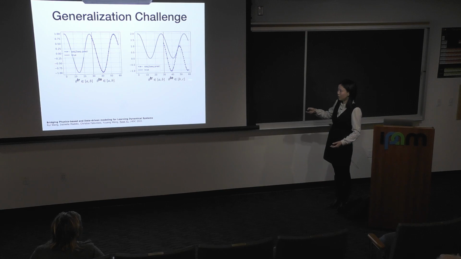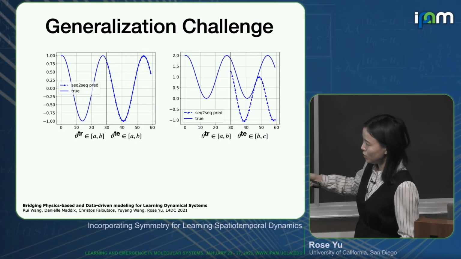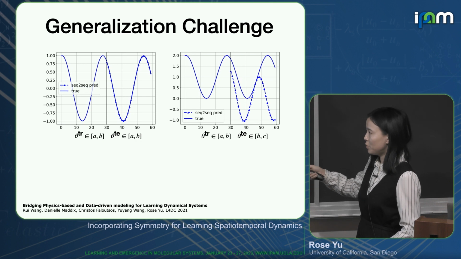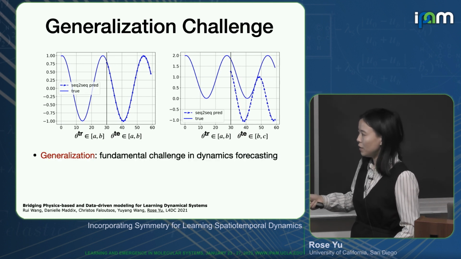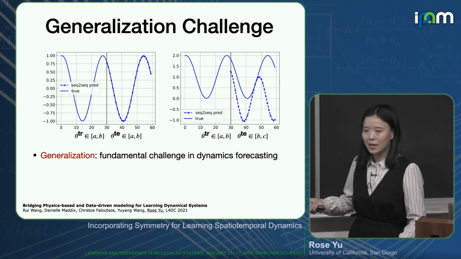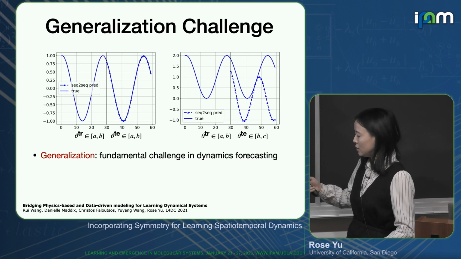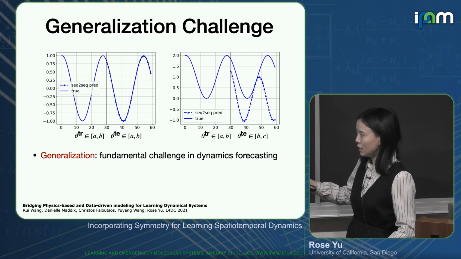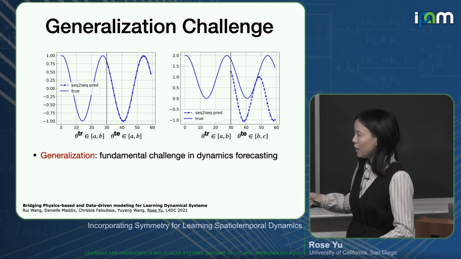So when we sample parameters from a different regime, in this case an extrapolation regime, no matter what deep learning models we use, they cannot predict correctly. This points to a very fundamental question in forecasting, which is distribution shift. If the training data distribution is different from the testing, then deep learning models often have a hard time predicting accurately.